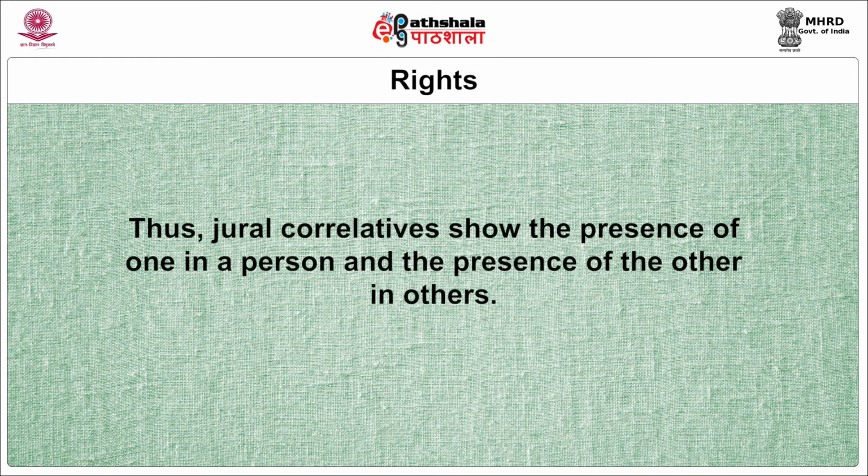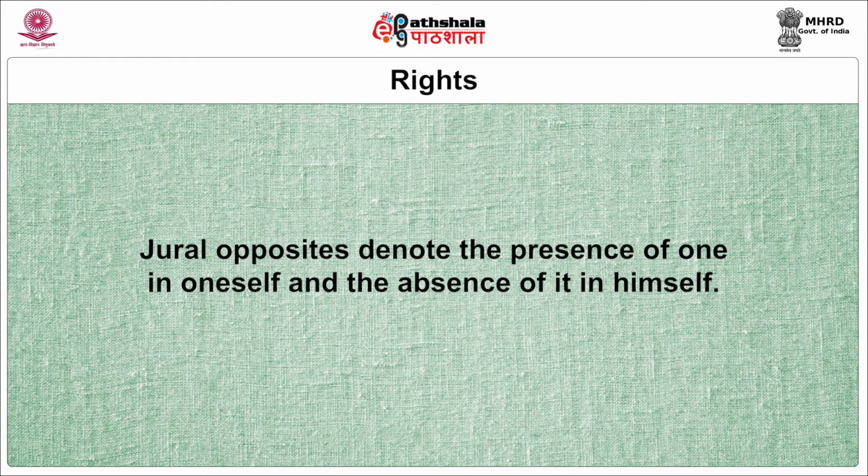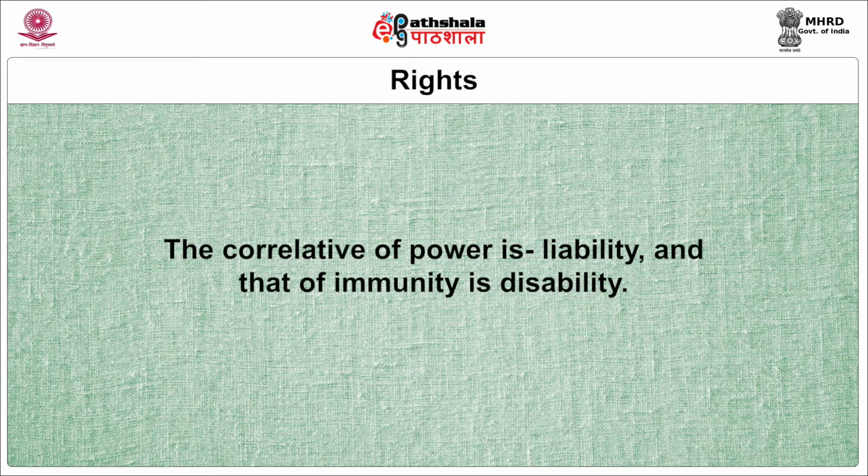Thus, jural correlatives show the presence of one in a person and the presence of the other in others. Jural opposites denote the presence of one in oneself and the absence of it in oneself. The correlative of power is liability, and that of immunity is disability.